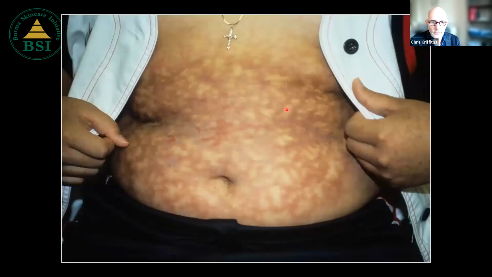Sometimes this gets treated with steroids to begin with, which makes it harder to diagnose, but you can nearly always find the active edge. And if it's been treated with steroids, it takes on this rather strange name called tinea incognito, which means tinea which is undercover.